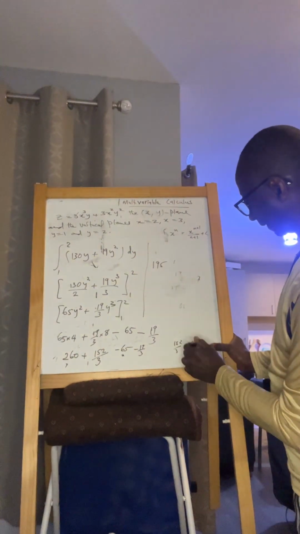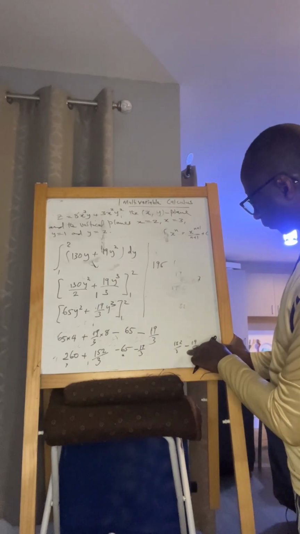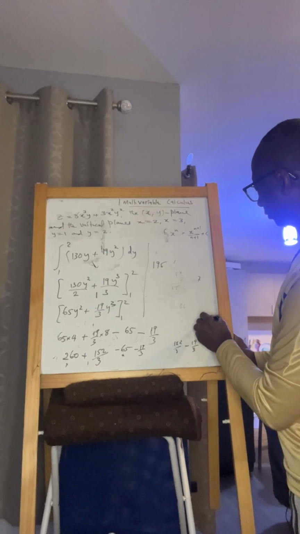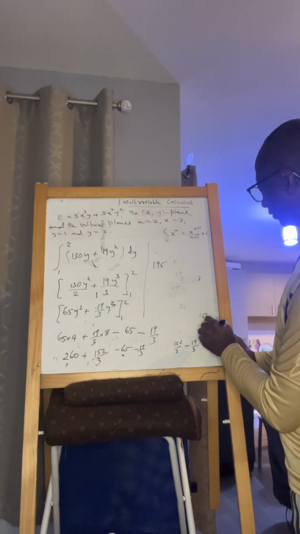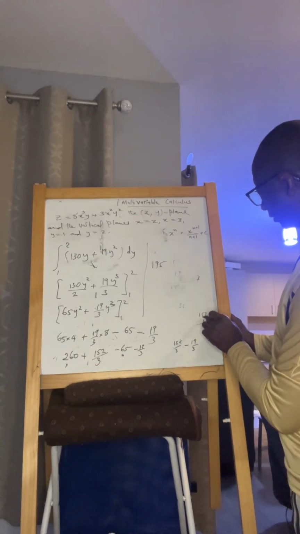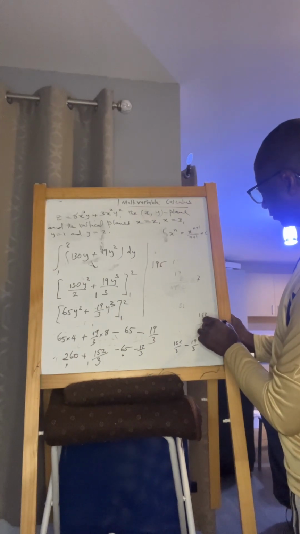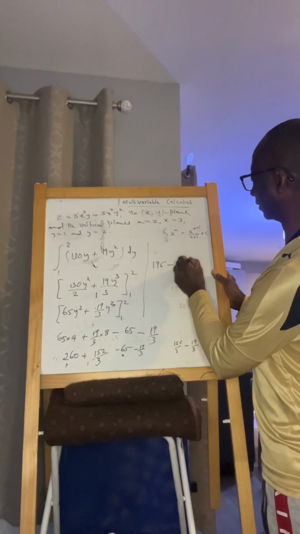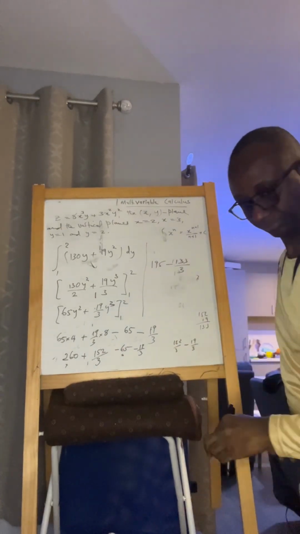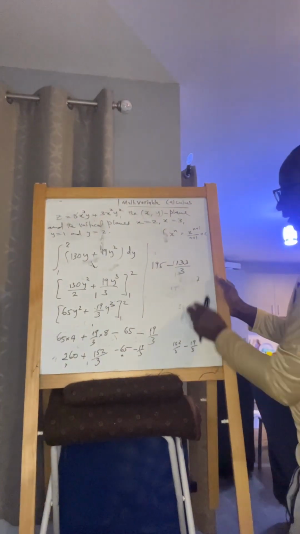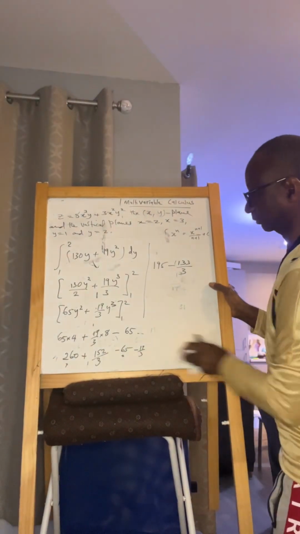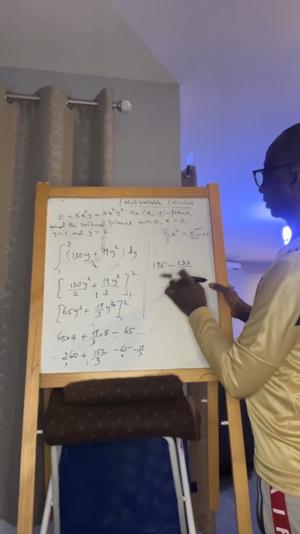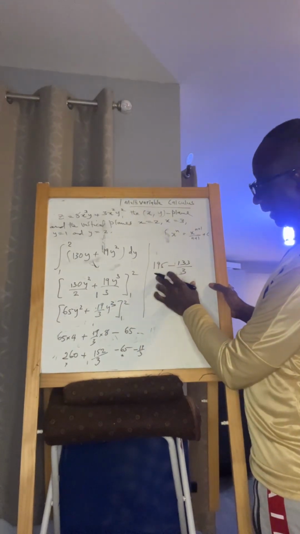So what do you get? 152 minus 19 is 133. So 133 over 3. I'm not using a calculator, that's why we are spending time. So now we have, this is what is left, the entire problem.